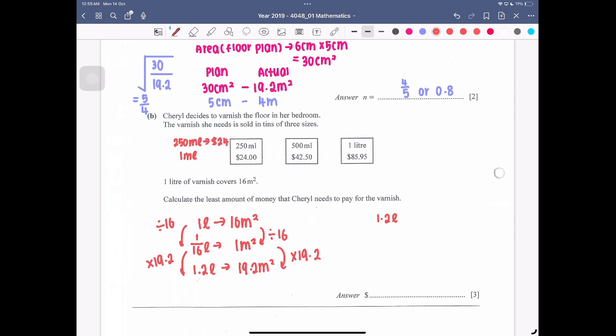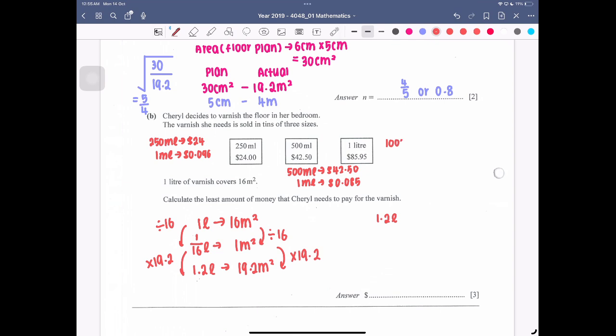For 1 ml, you can check the approximate cost: 24 divided by 250 is around 0.096. So this is the approximate cost. 500 ml is 42.50. So for 1 ml, you take 42.5 divided by 500. The approximate cost here for 1 ml is 0.085.